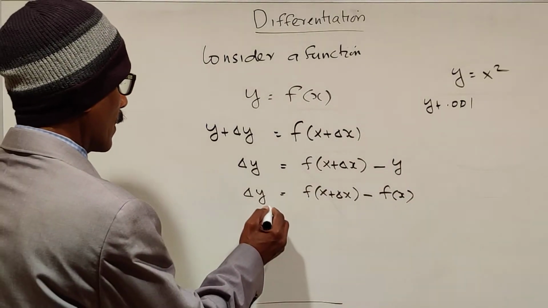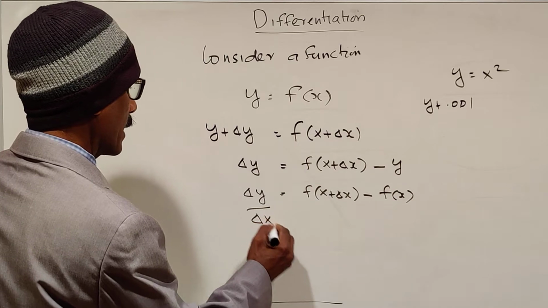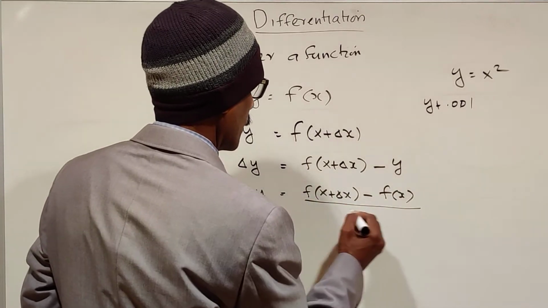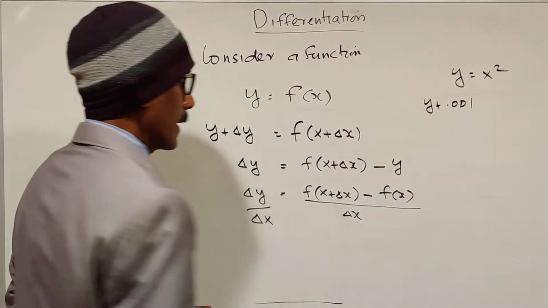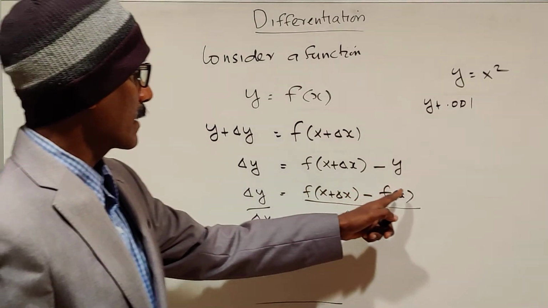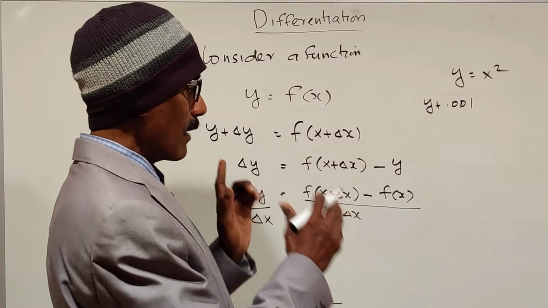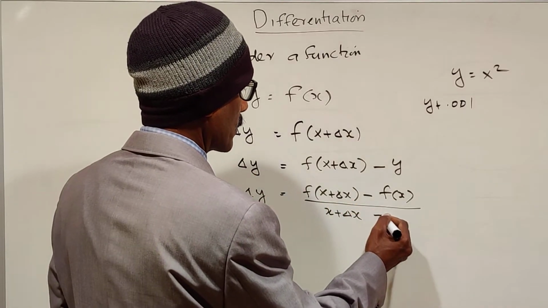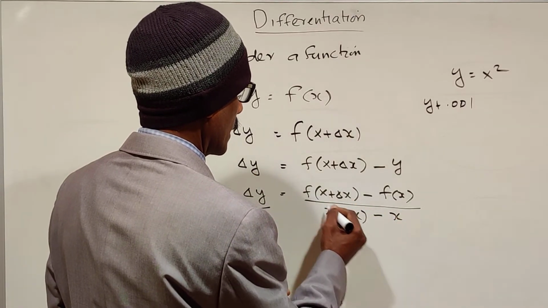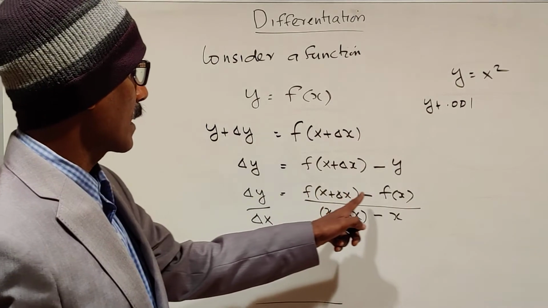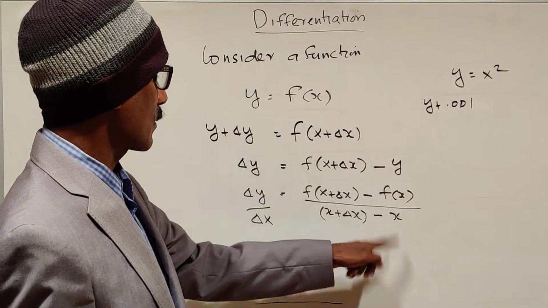Then delta y by delta x, dividing both sides by delta x. Here it is x plus delta x minus x. I am going to add x here, the value changes, so I am going to subtract x here. Now f of x plus delta x minus f(x) by x plus delta x minus x.